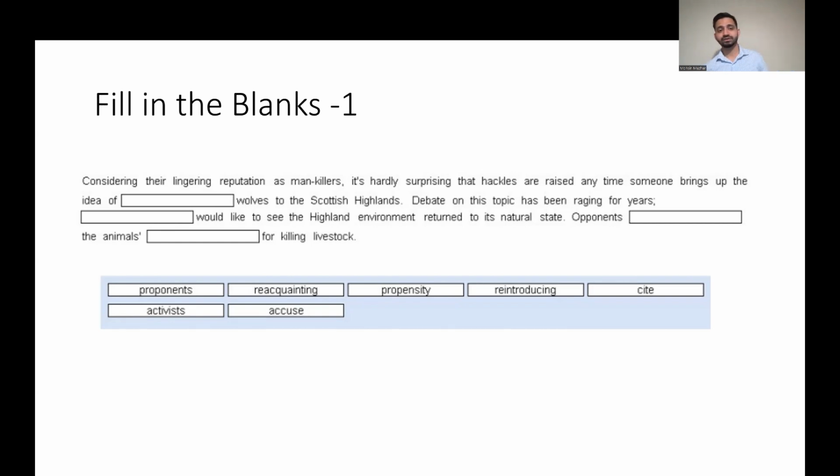Okay, all right. So I'm going to read this out. This one seems like it's about history, but we're going to read it. Considering their lingering reputation as man killers, it's hardly surprising that hackles are raised anytime someone brings up the idea of wolves to the Scottish Highlands.